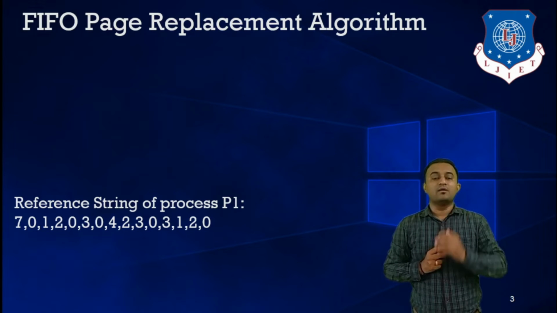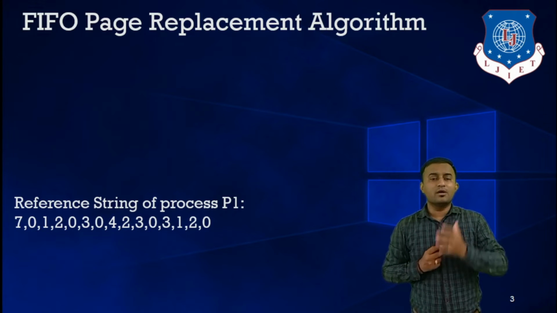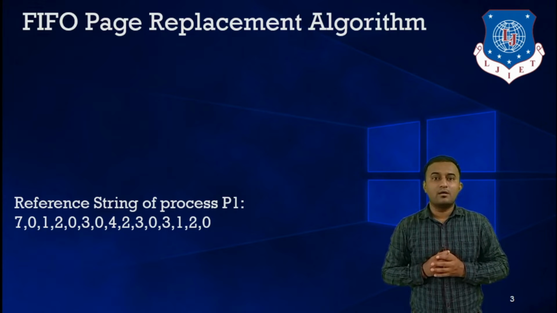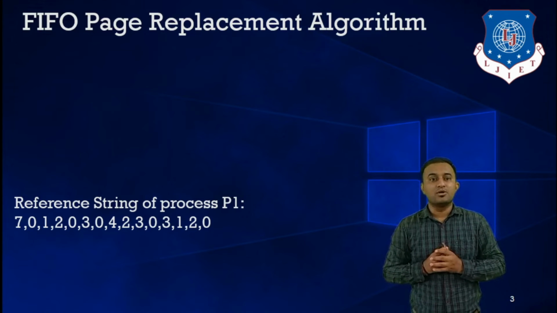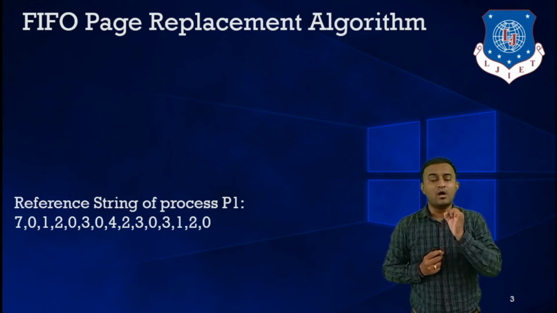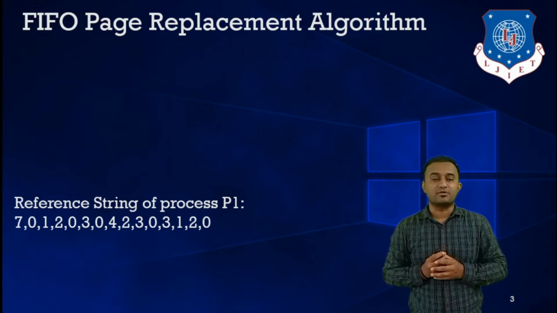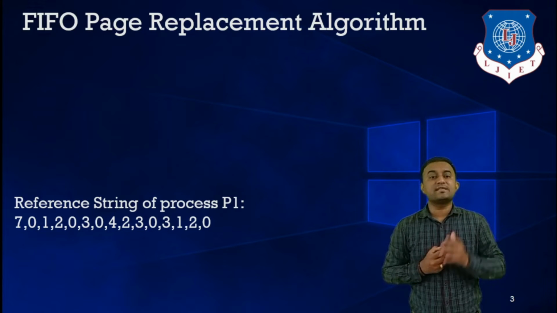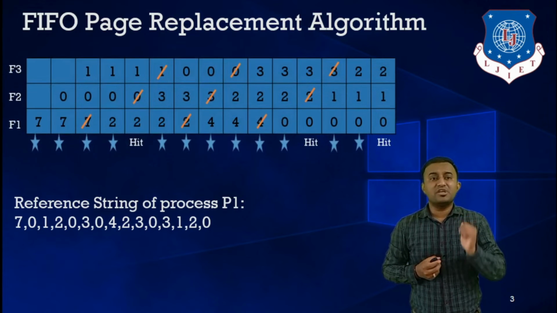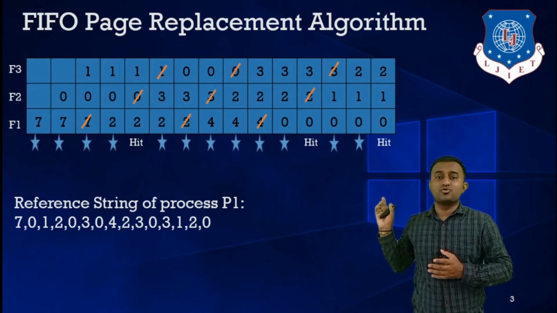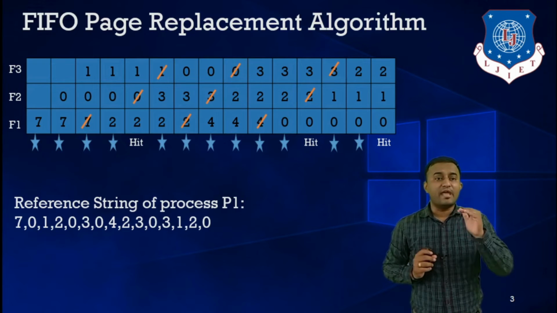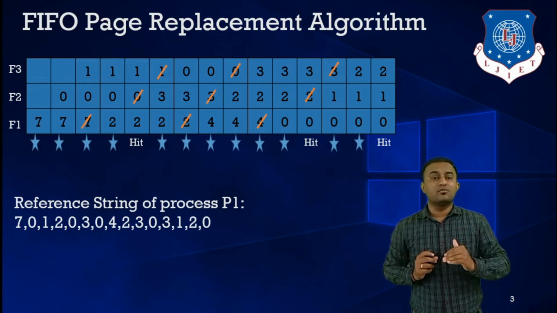Clear? Okay. Now one more thing you will have as an input at the time of examination: not only the reference string but also how many frames there are. In this example, 3 frames are given. In this table you can see F1, F2 and F3. I have taken a bottom up approach; you can take a top down approach as well.